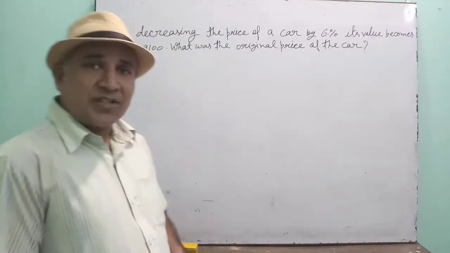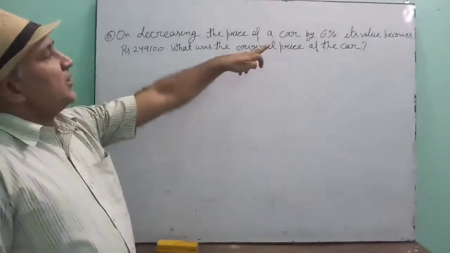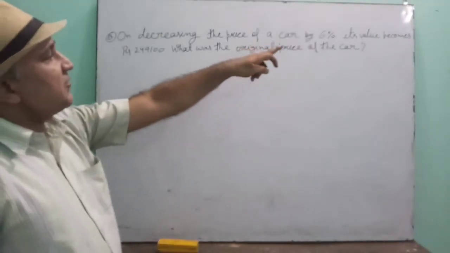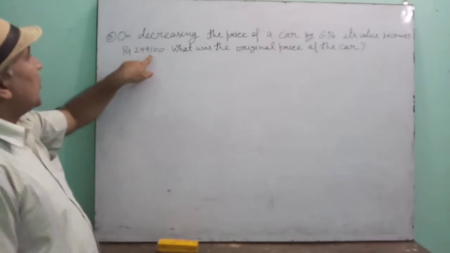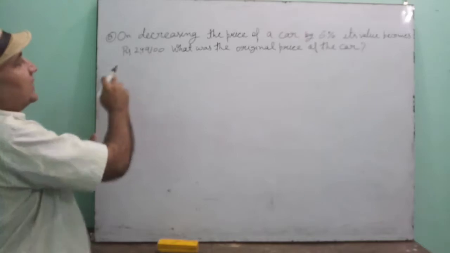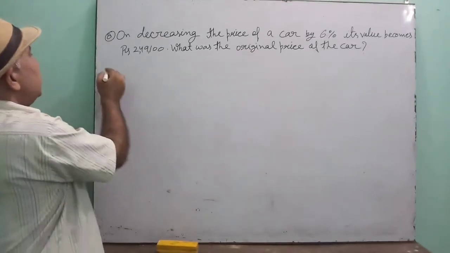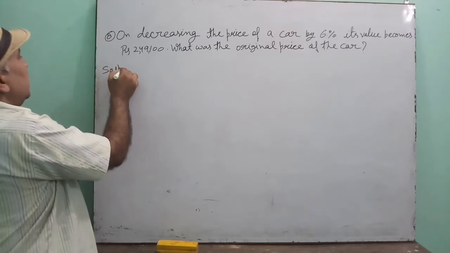Okay children, now see the last question of the day. On decreasing the price of a car by 6%, its value becomes rupees 249100. That means 2,49,100 rupees. Now the question is asking, what was the original price of the car?